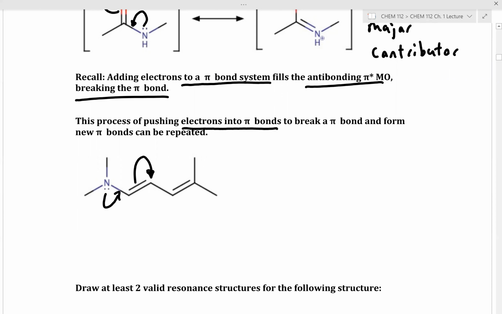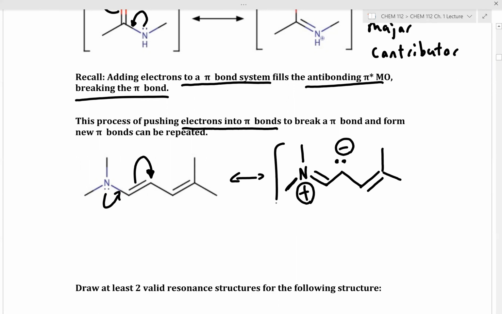Okay, so let's draw that first resonance structure. Perfect. So everyone matching with me so far?